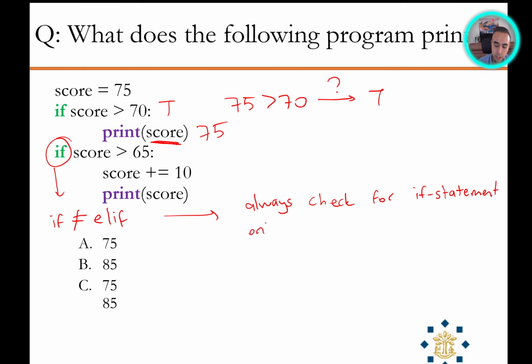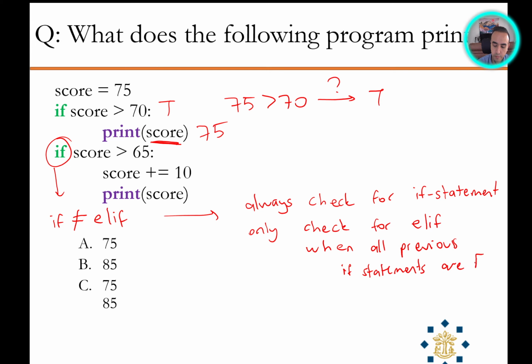But only check for else if, elif, when all previous if statements are false. So that's the difference, okay?